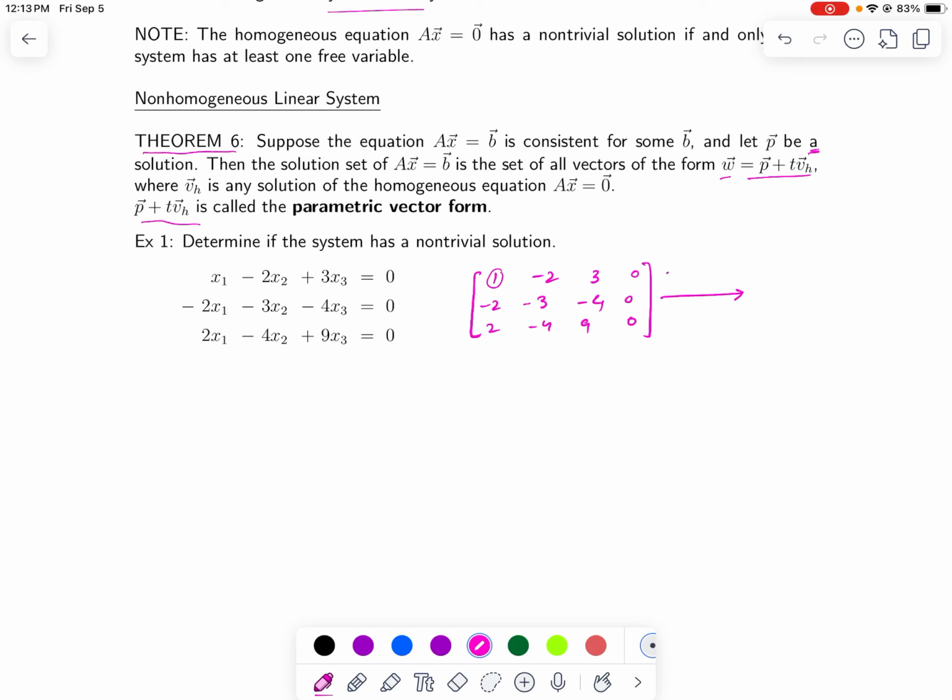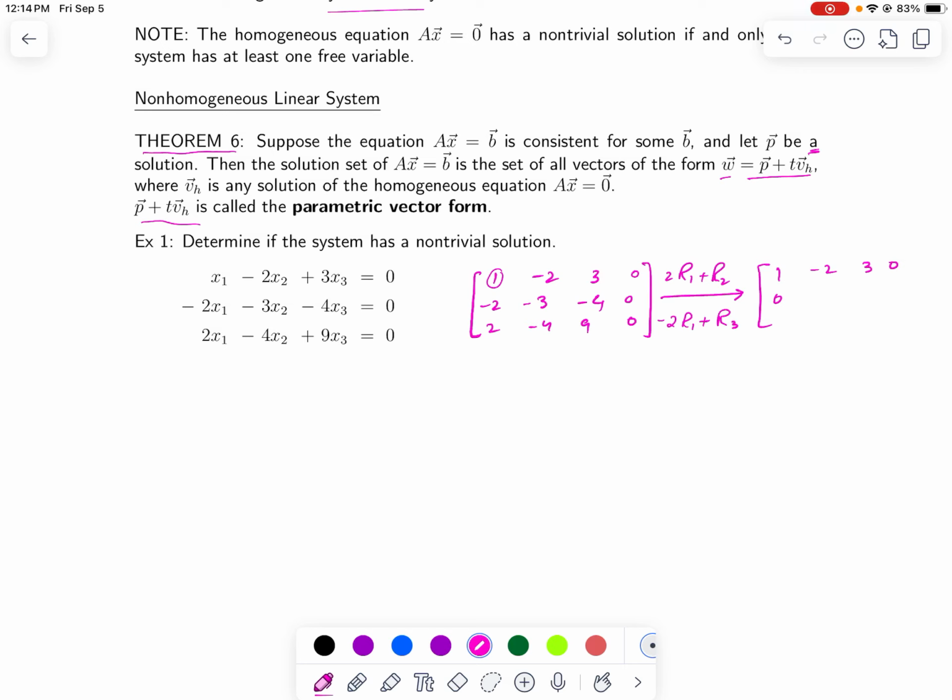We multiply row 1 by 2 and add into row 2. And then we multiply row 1 by -2 and add into row 3. We end up getting the first row not changed, but in the second row I'll get a 0 here.